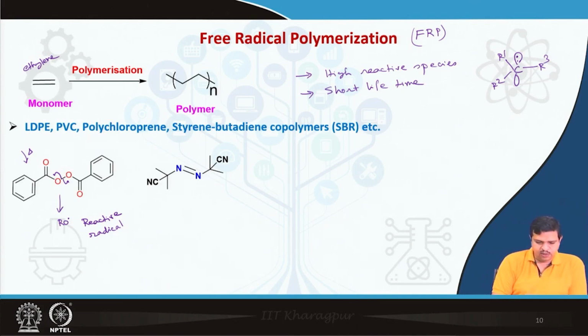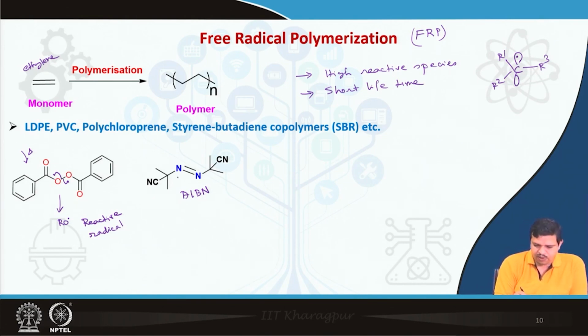This free radical now reacts with the monomer. Another initiator we routinely use is called AIBN. This is an azo type of initiator. You see what the driving force is: we can very easily make the corresponding radical.